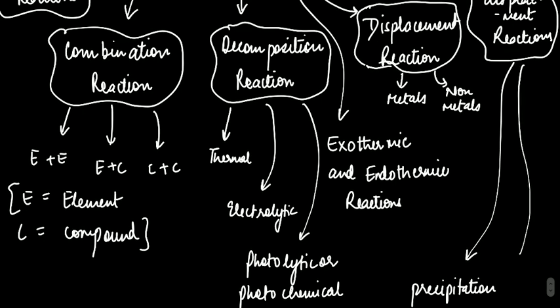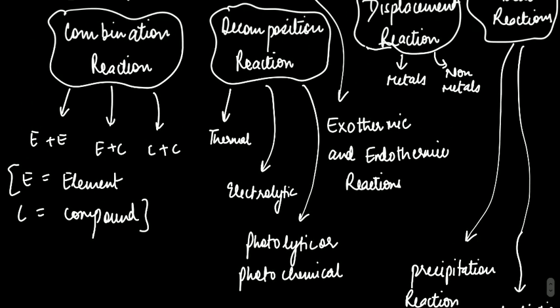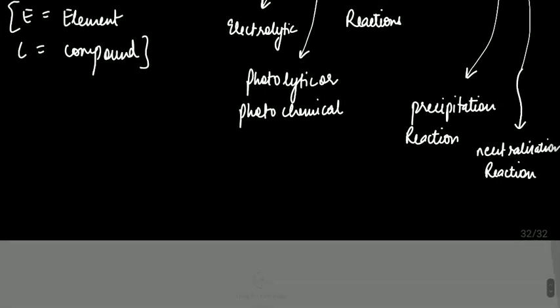And the second one is neutralization reaction. So we are going to discuss one by one in depth all these chemical reactions. We are going to start with combination reactions.